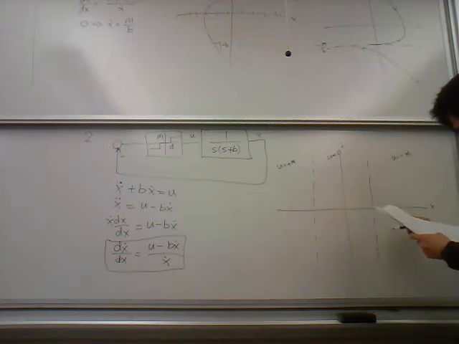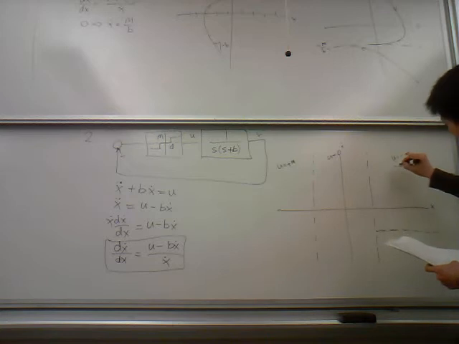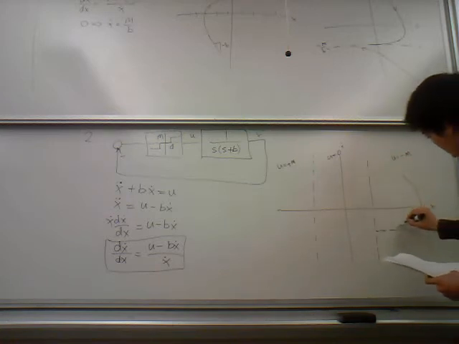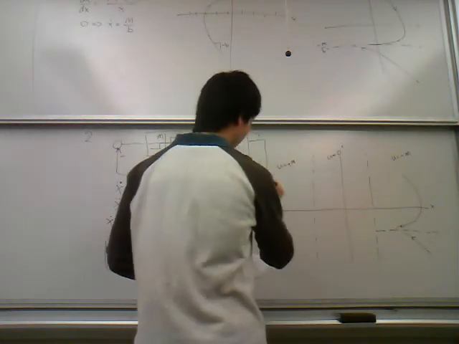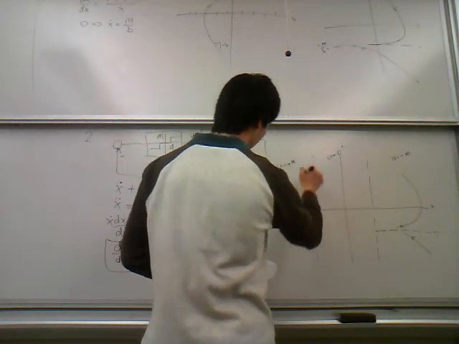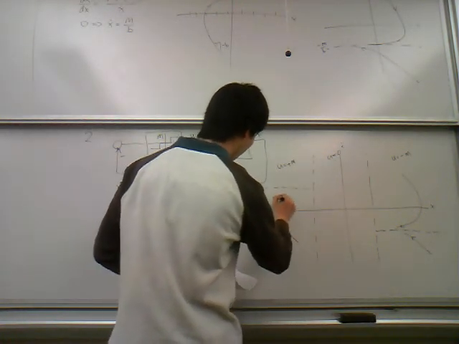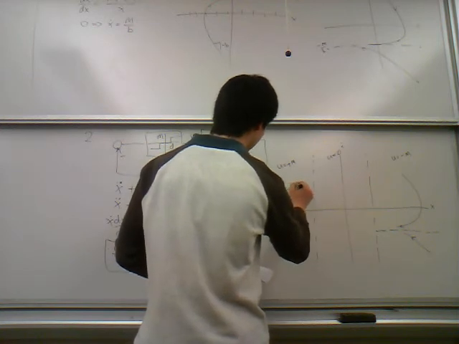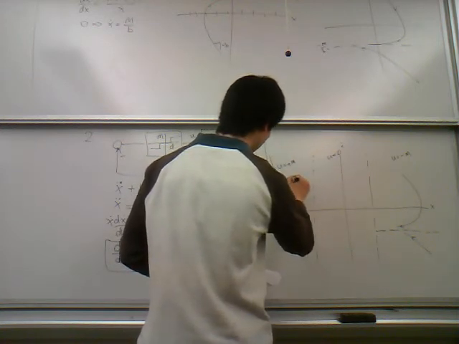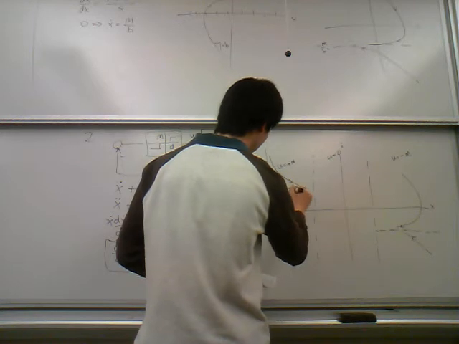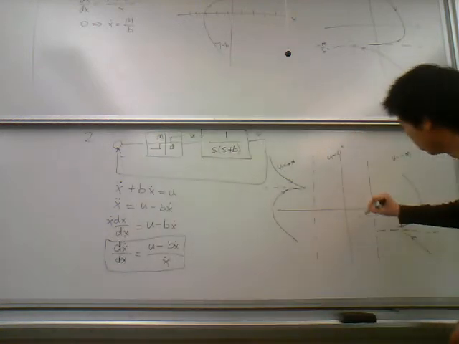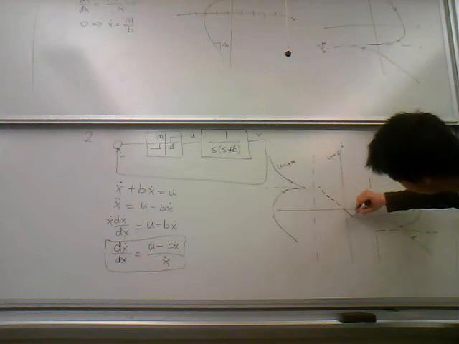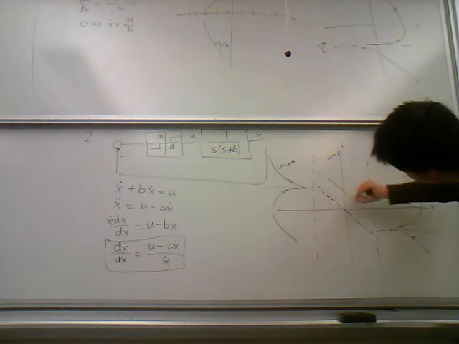So when we're down here, when we're over here, we're going to see trajectories that look like this. When we're here, trajectories that are like that. And when we're in the middle, we're going to have trajectories that are like this.